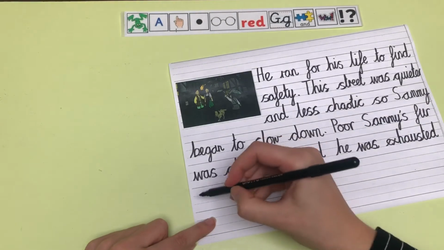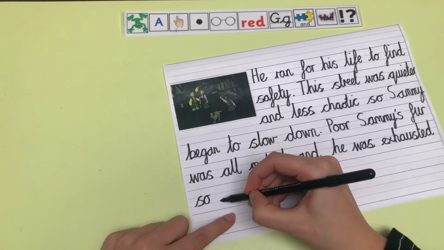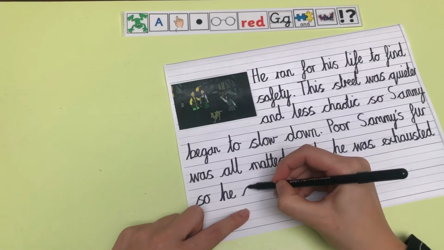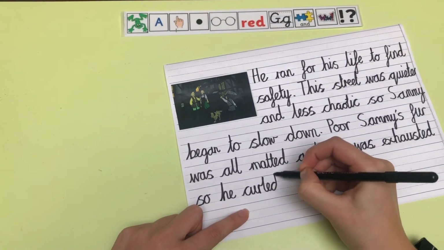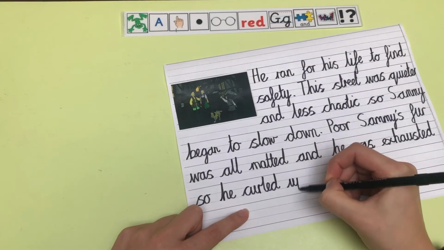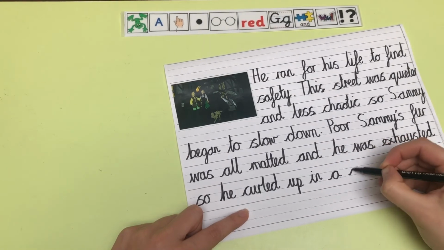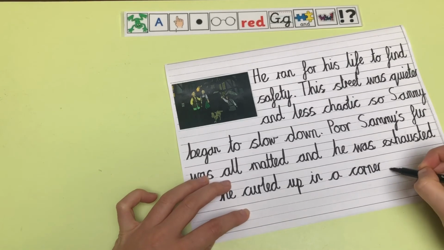And he was exhausted. So he curled up in a corner to rest.